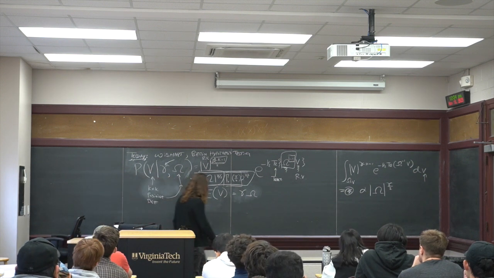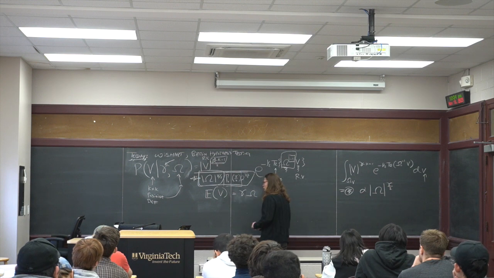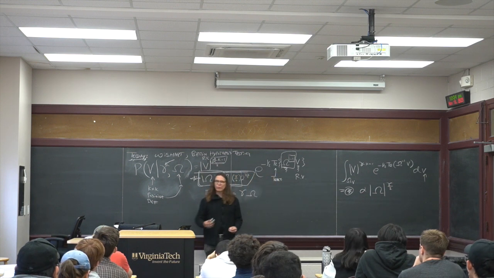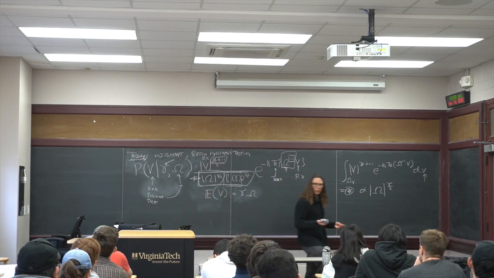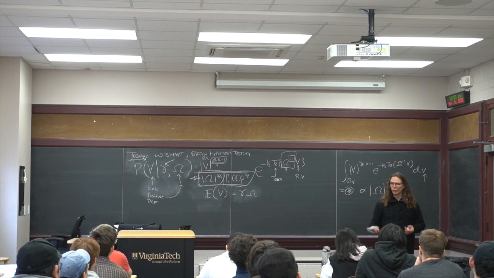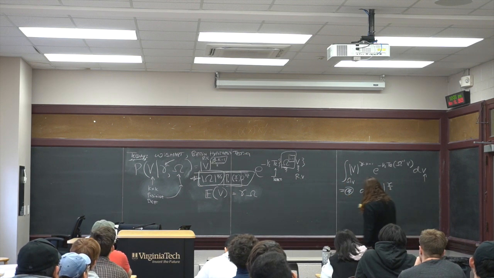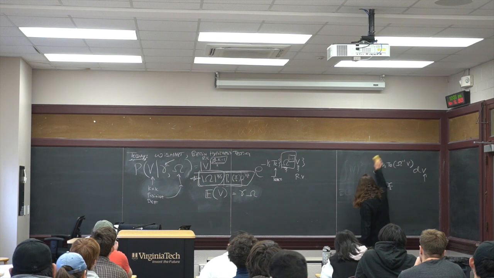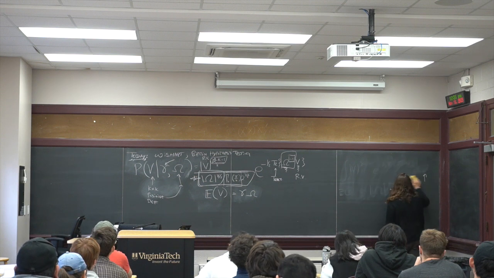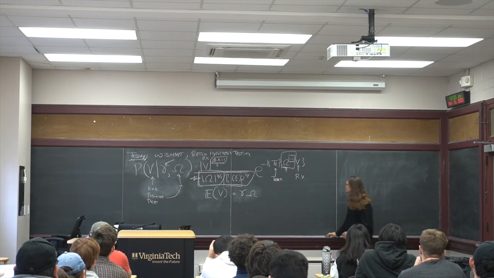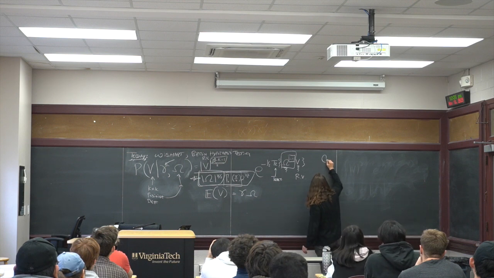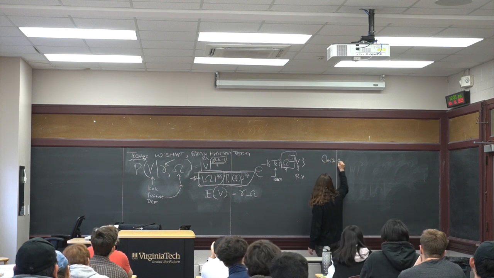So I'll just leave those as just generic points. Let's run through a conjugate analysis just real quickly. And you're doing something like this on your homework. So, conjugate analysis.